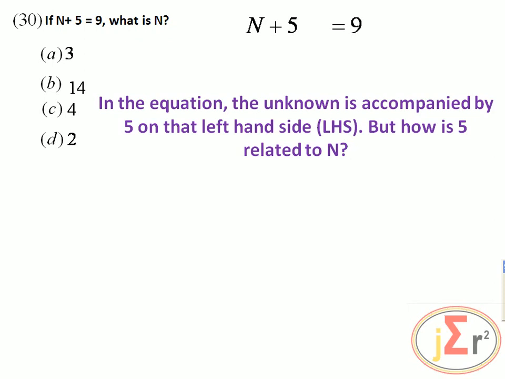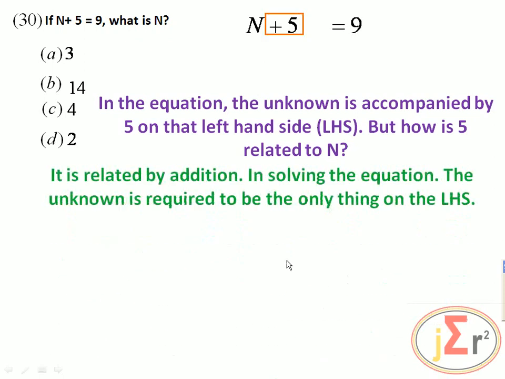So the equation that we have there has 5 accompanying n on the left hand side, and it is accompanying n by addition. How is the 5 that we have here related to n? It is related by addition.